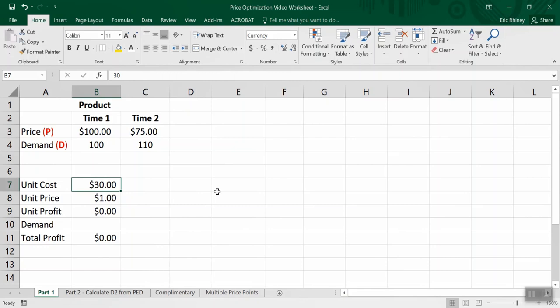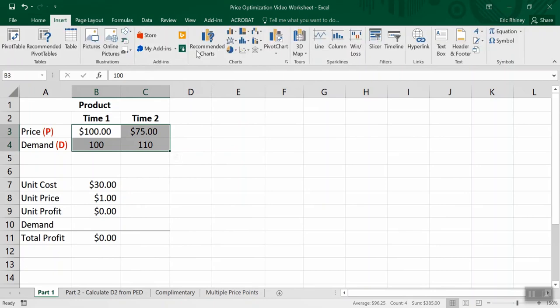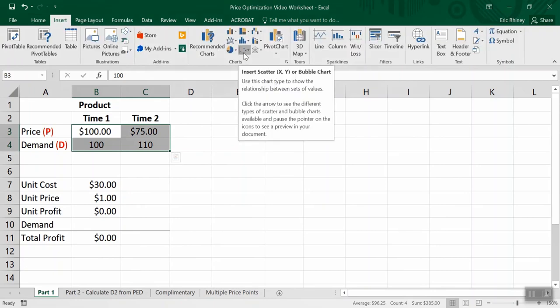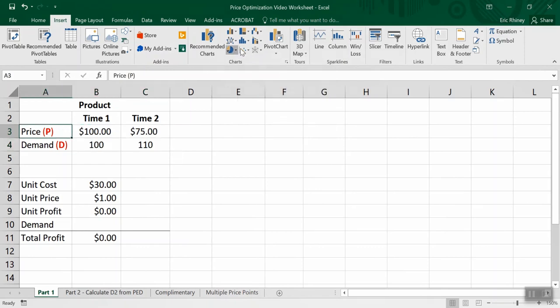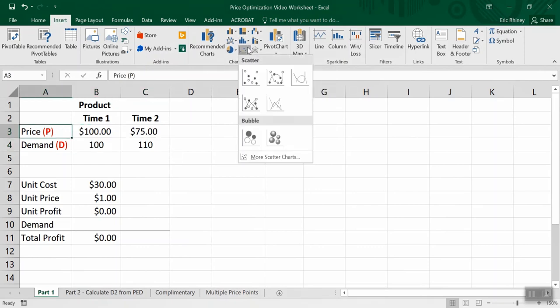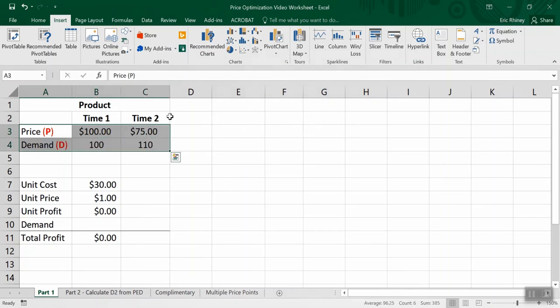Okay. Now, how do we come up with this demand estimation, this line equation? Well, since we have two price points, what we can do is estimate a line equation using a scatter plot. One of the wonderful features in Excel is that you can do a scatter plot.